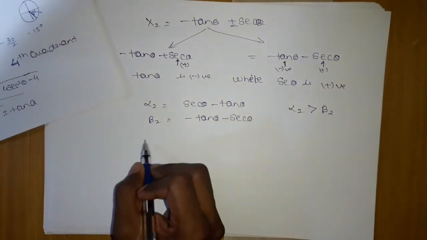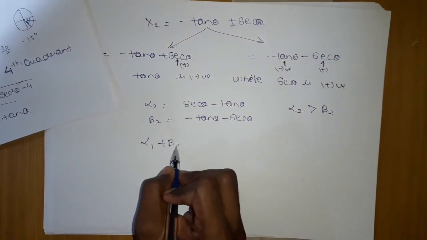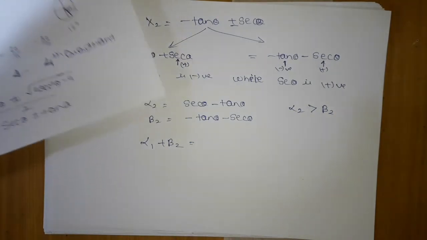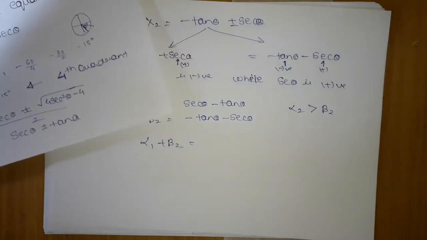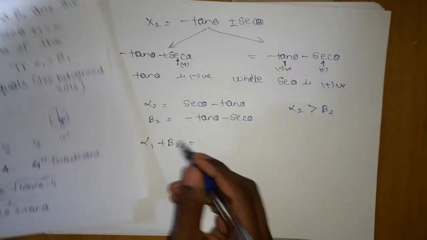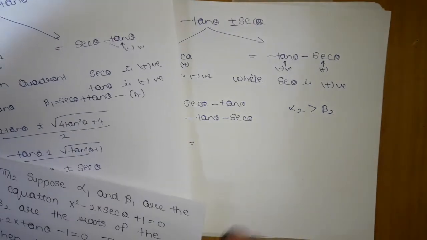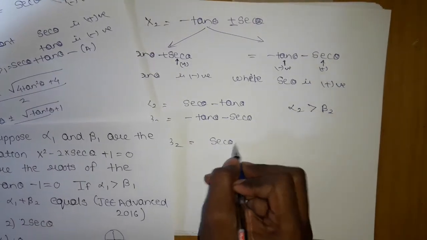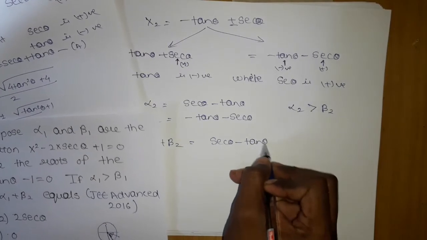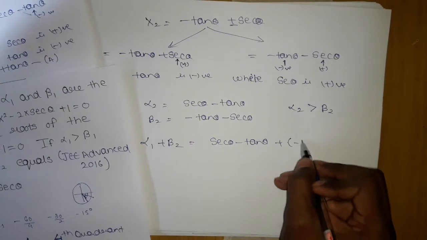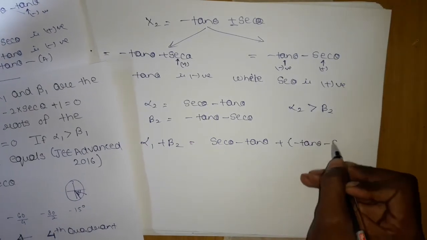Now what we require is the alpha 1 plus beta 2 value. Identifying alpha 1, beta 1, alpha 2, beta 2, that is the crux of this question. If you know the crux of this question, then your job is done. So let's add them. We have alpha 1 as sec theta minus tan theta, and beta 2 is minus tan theta minus sec theta.